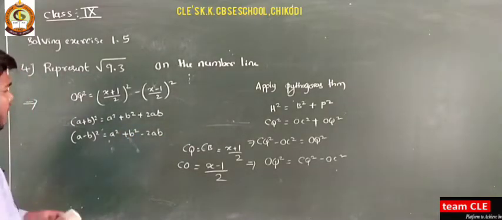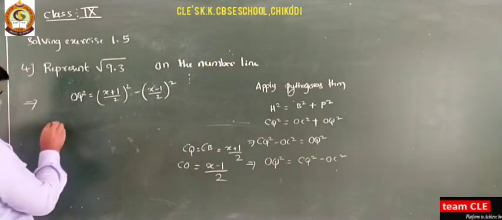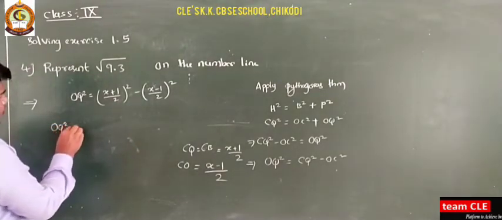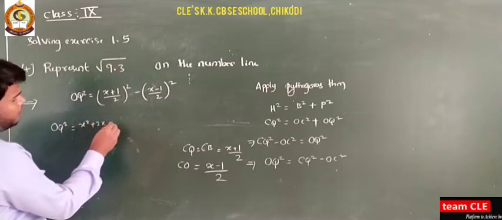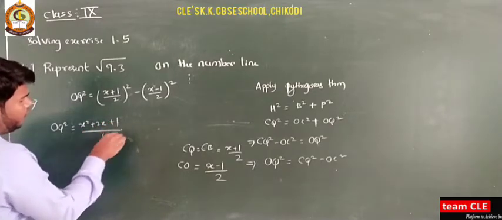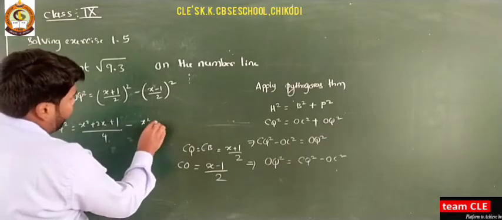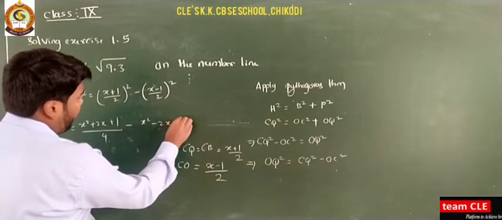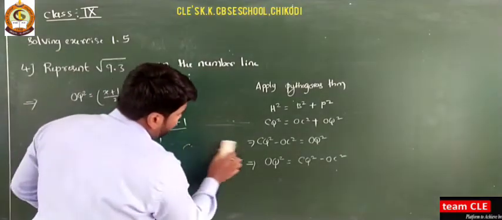These two formulas you have to use and solve. So OQ square equals (x square plus 2x plus 1) whole divided by 4 minus (x square minus 2x plus 1) whole divided by 4.